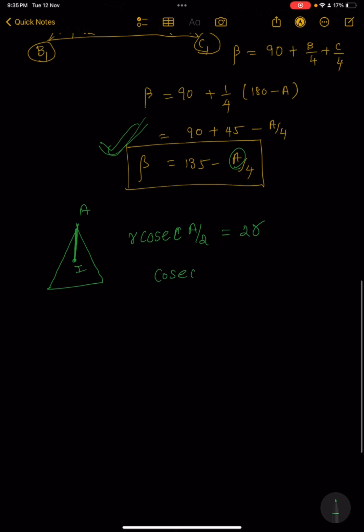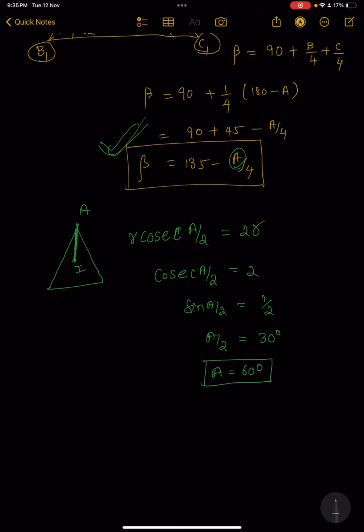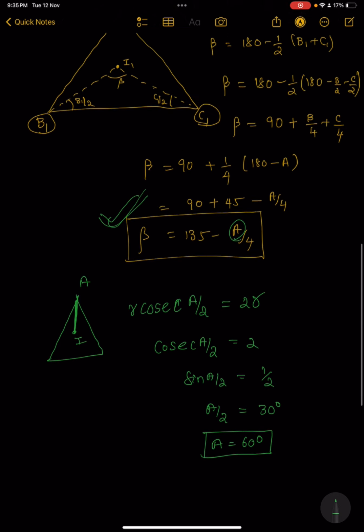So cosecant A by 2 is equal to 2. That means sin A by 2 is equal to half. So A by 2 is equal to 30 degrees. So A is equal to 60 degrees. If you put A is equal to 60 degrees in this equation, beta will be 135 minus 60 by 4, that is 15.